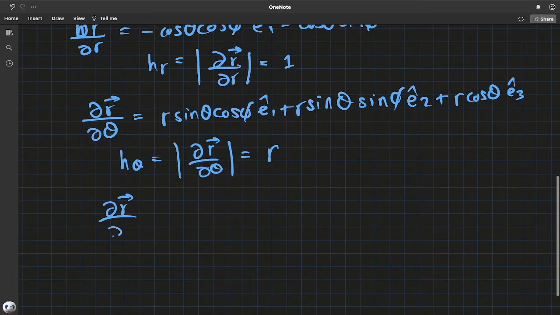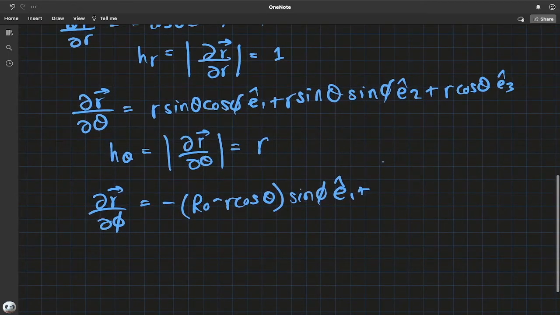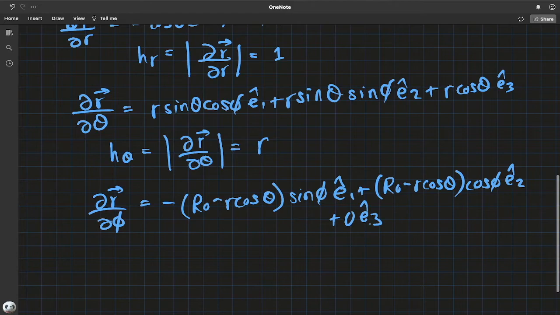Partial position vector with respect to phi is going to be negative r naught minus r cosine theta sine phi e sub 1 hat plus r naught minus r cosine theta cosine phi e2 hat, and we have a 0 e3 hat.